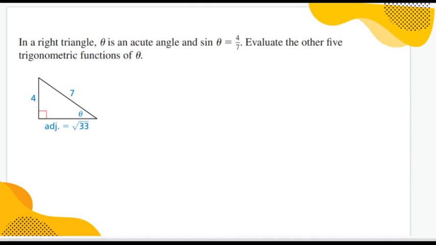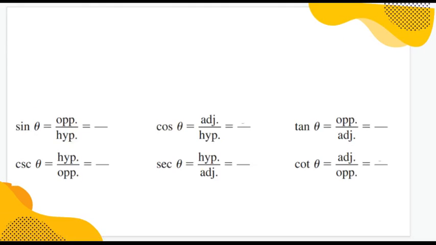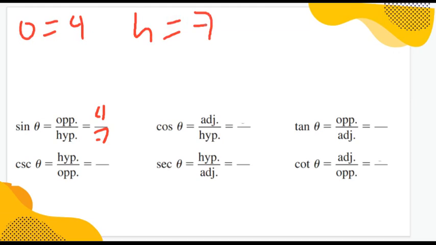The first given is sine theta is equal to 4 over 7. So we have opposite is 4, hypotenuse is 7, and our adjacent is equal to the square root of 33.